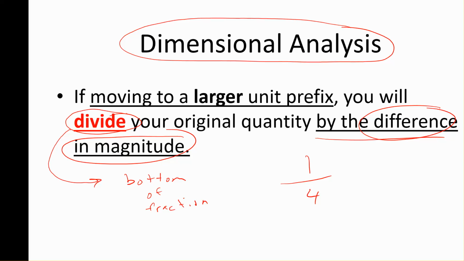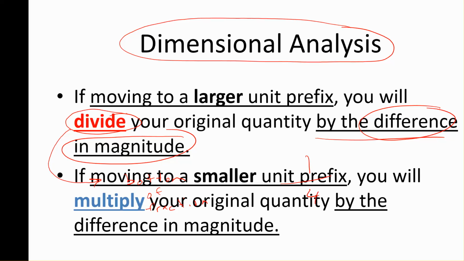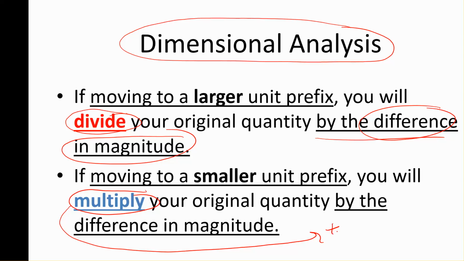All right, next thing to know here, and again I'm going to do some erasing. So if I am going to a large unit, I divide. It makes sense. If I'm going to a smaller unit prefix, I multiply. And when we divide, we put it on the top of a fraction. When we multiply, what do you think we do? Top of fraction, right?